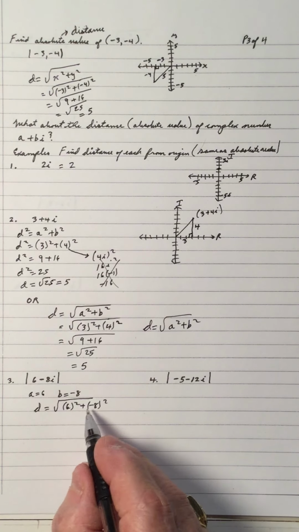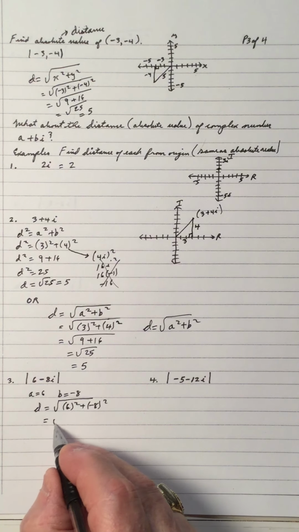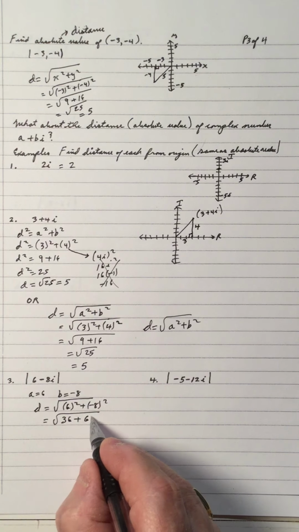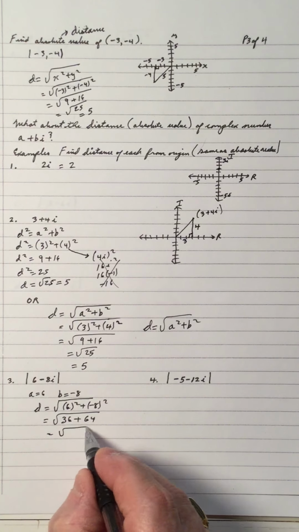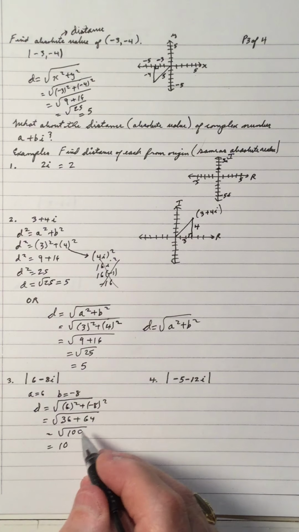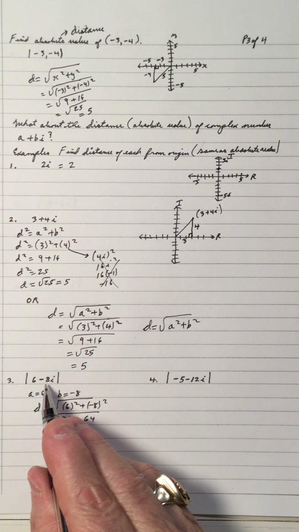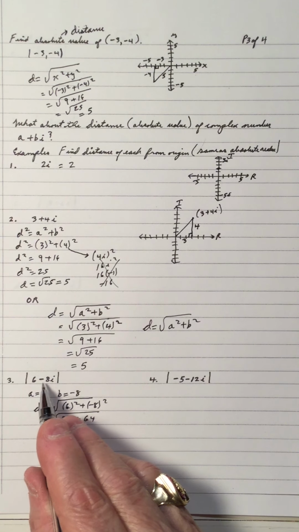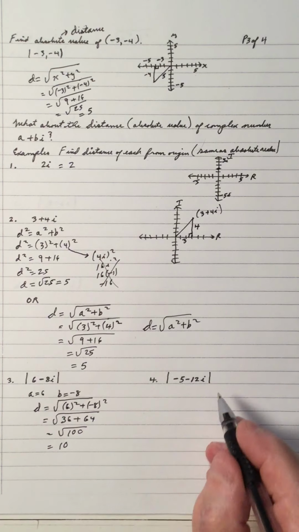So I get 36. Negative 8 squared is 64. That's 100. And that gives me 10. So the absolute value of this point, the distance from the origin, is 10.